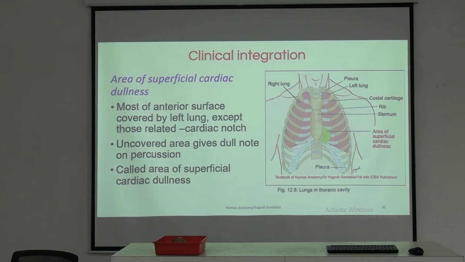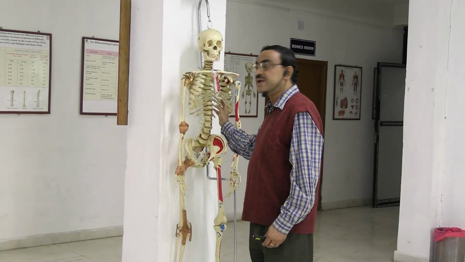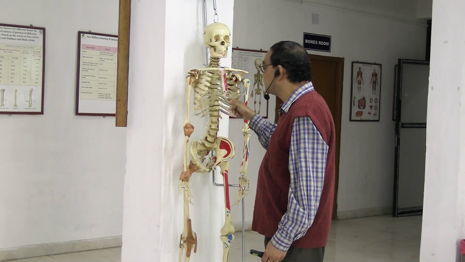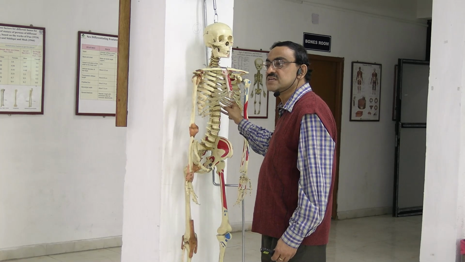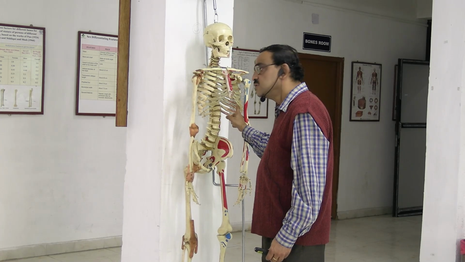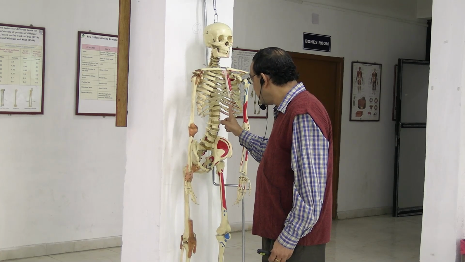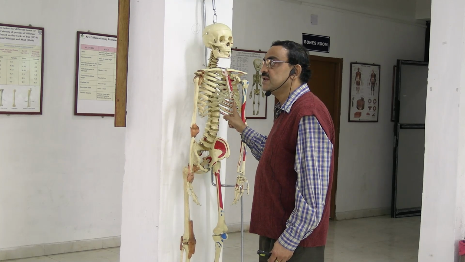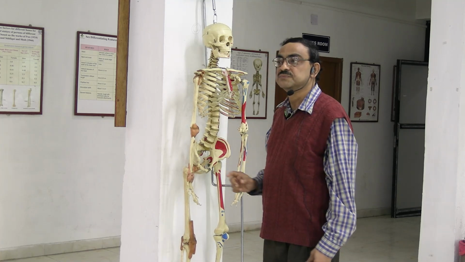Now, what is the area of superficial cardiac dullness? Due to the bulging effect of the left ventricle, the anterior border of the left lung deviates from the midline, from the fourth intercostal space, and goes to the left side. Again it forms a notch, and ultimately it comes to the sixth intercostal space. So this is called the cardiac notch.